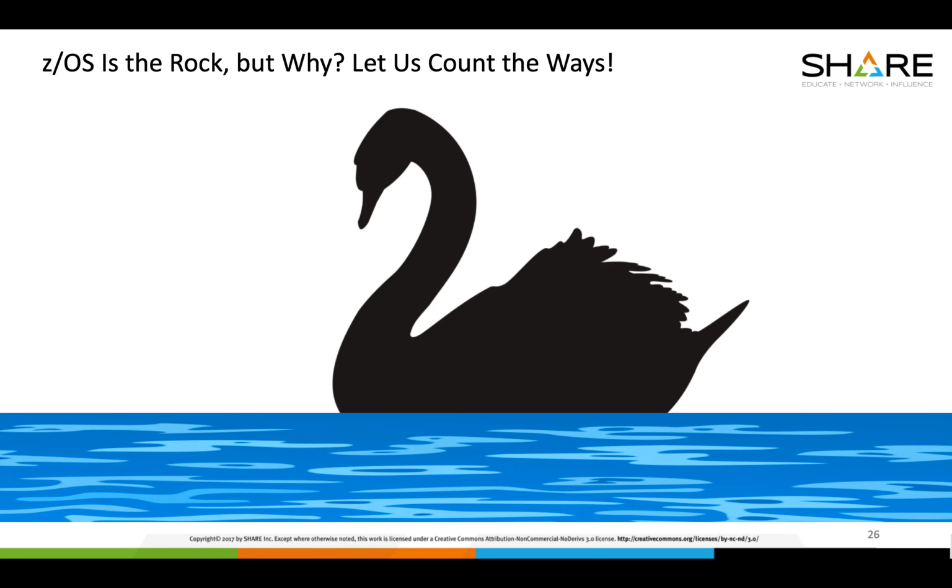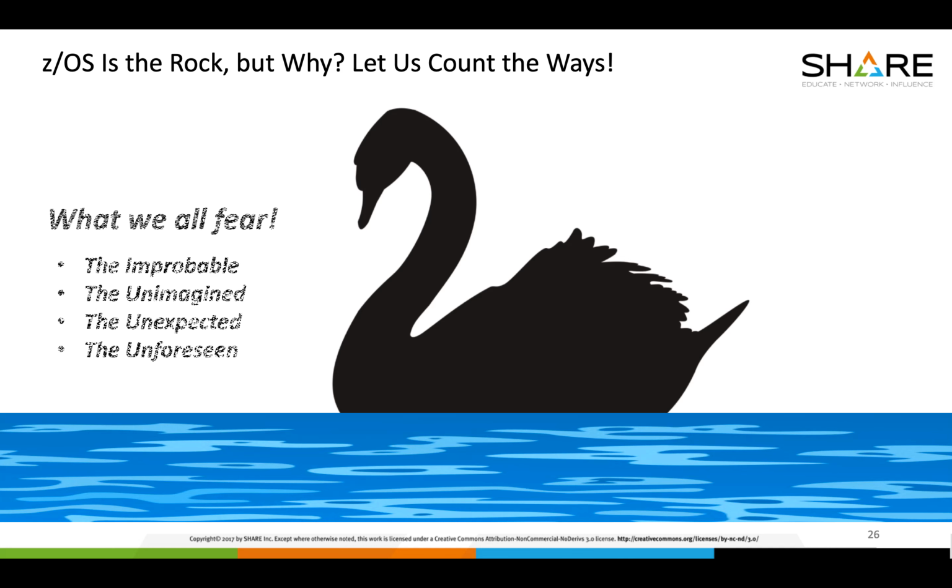The final point I'd like to make: while z/OS and the z15 are the most securable general-purpose business computers available on the planet today, they potentially suffer from one defect, and that is the thing that we all fear: the improbable, the unimaginable, the unexpected, and the unforeseen.